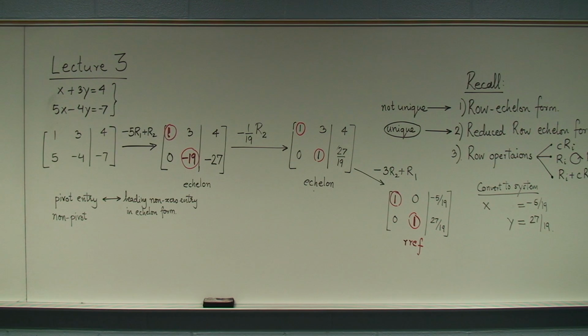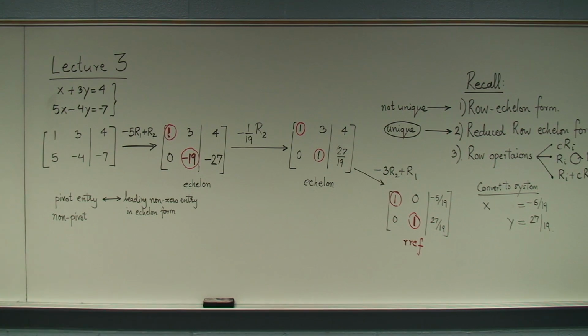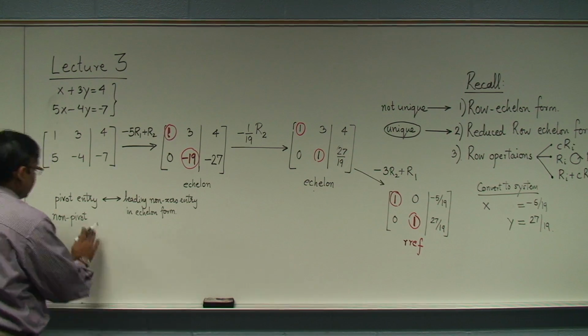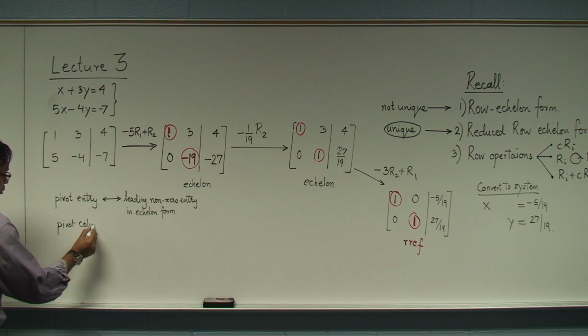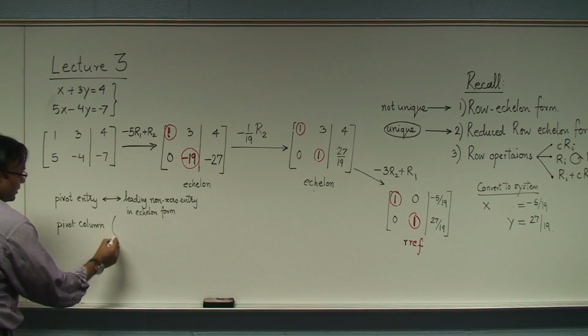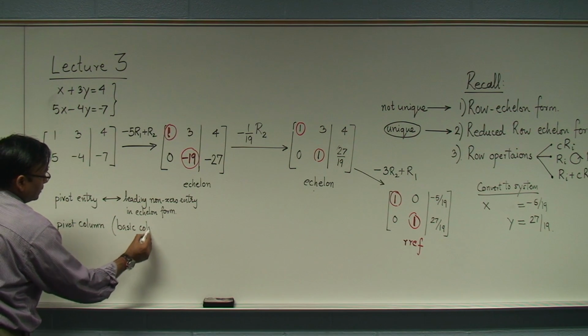Now, while we are at it, let's see what non-pivots are. Of course, any entry which is not a pivot entry is a non-pivot entry. Nothing is of significance there. But we would be interested in something called a pivot column. Sometimes they are also referred to as the basic columns.